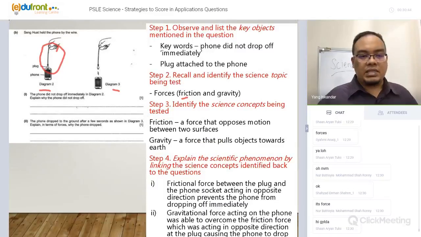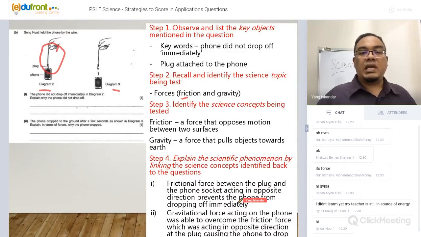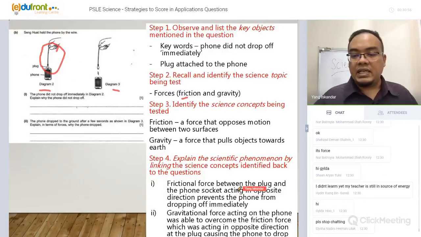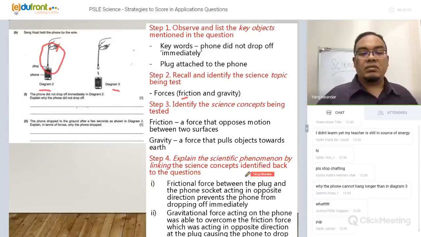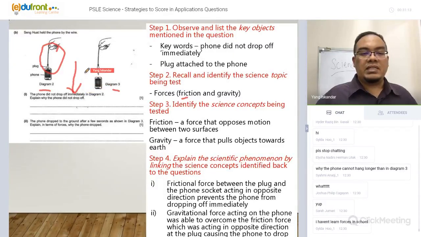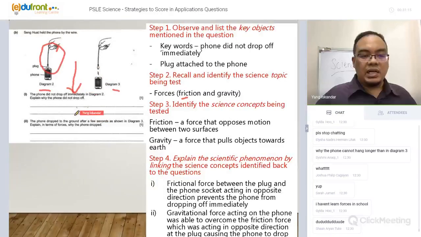After you have understood the science concept, you need to answer why the phone did not drop off immediately. The answer lies in this part here. There was frictional force between the plug and the phone socket. What does the frictional force do? It acts in the opposite direction. The gravitational force is downwards, going towards the Earth, but frictional force is in the opposite direction.